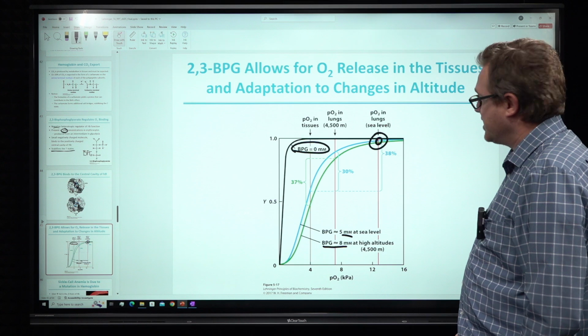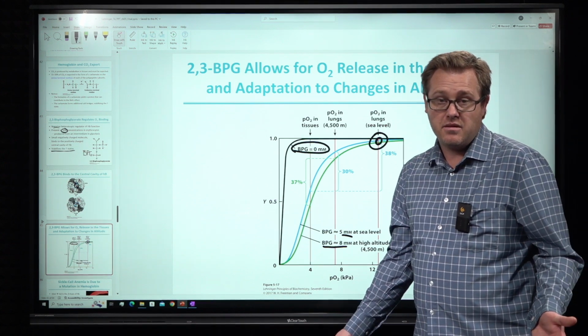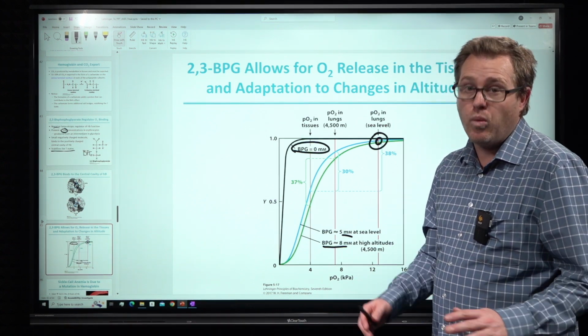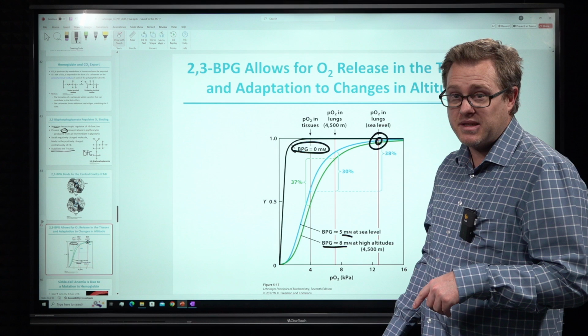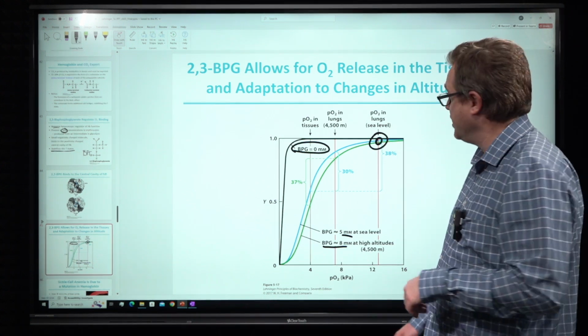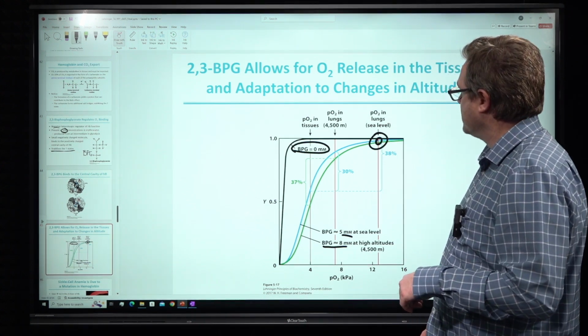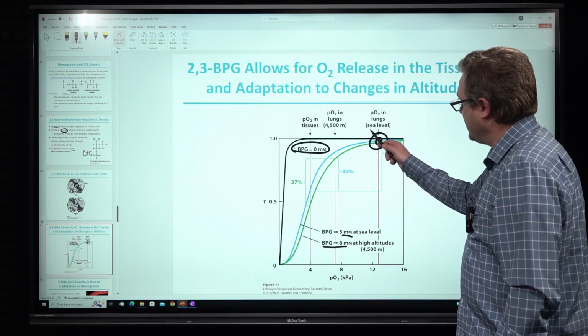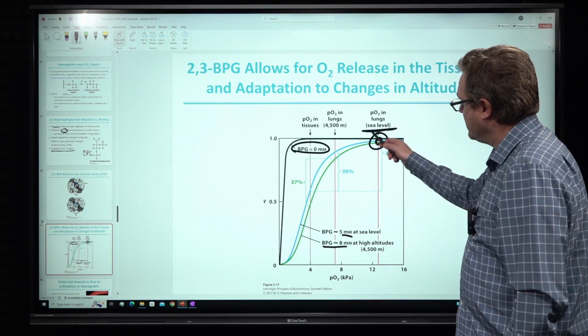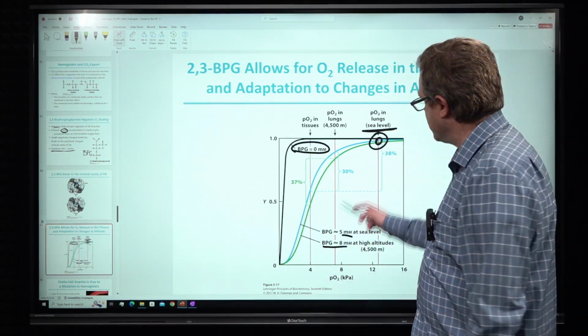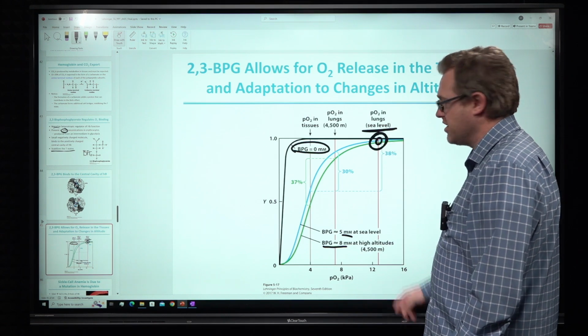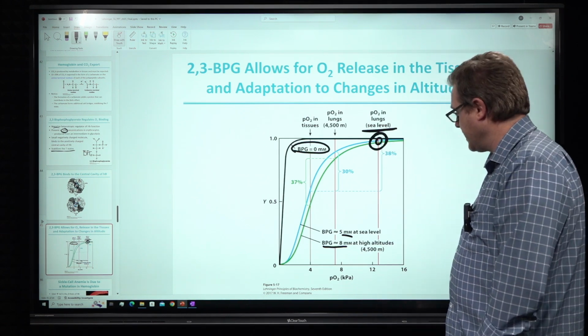Oxygen is going to bind to the hemoglobin no matter what. It does not matter what your concentration is. Doesn't matter what elevation you live at. Well, sorry, when we're at sea level. When we're at sea level, it doesn't matter what concentration your BPG is because the binding of oxygen is going to be the same at that point.